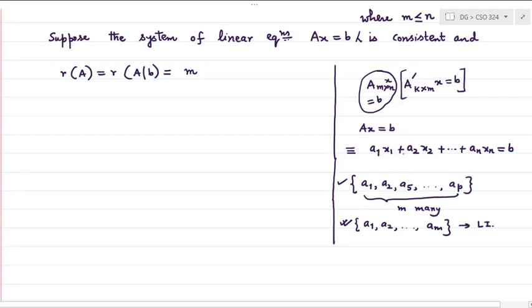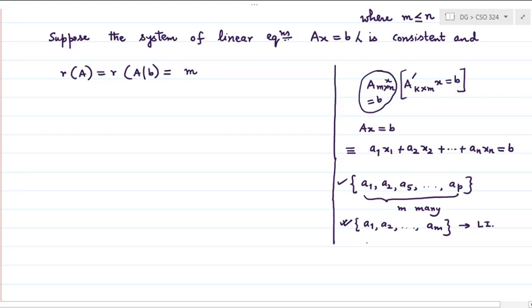So it is just a matter of denotation. Just by changing the denotations of x1, x2 and xn, without loss of generality, you can assume that the first m many vectors are linearly independent.